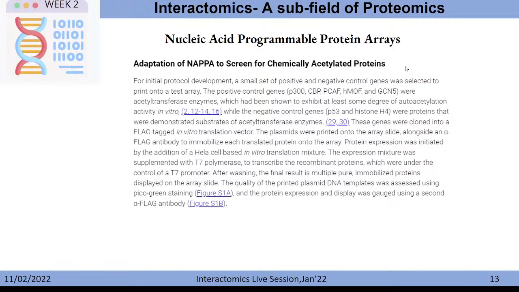So whenever you try to come up with a new technique and say that this technique helps in detection, might be acetylation or anything, what you need to say is that first you need to show what is known: that there are some genes or proteins, for example in this case for acetylation, that are known to produce autoacetylation.